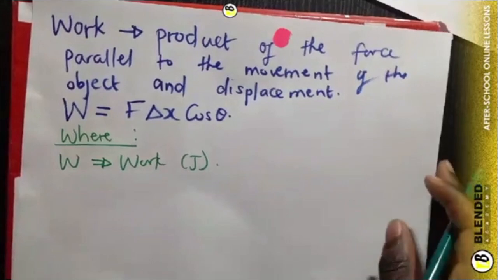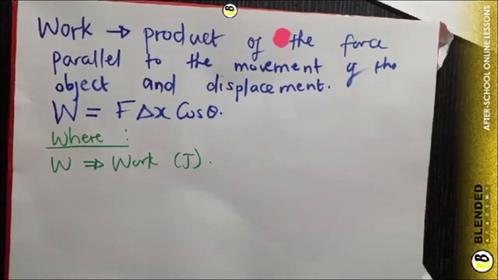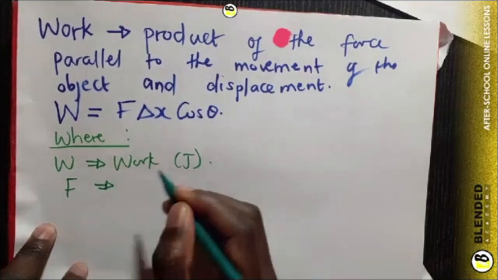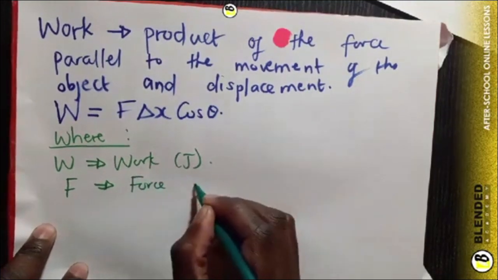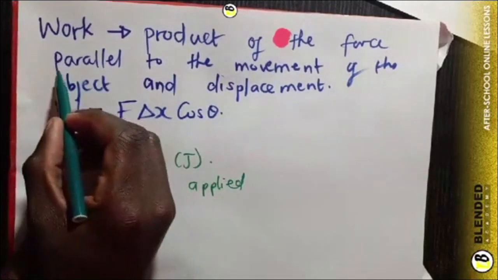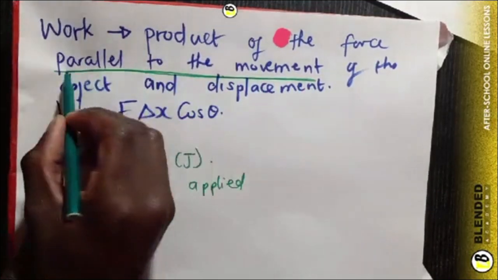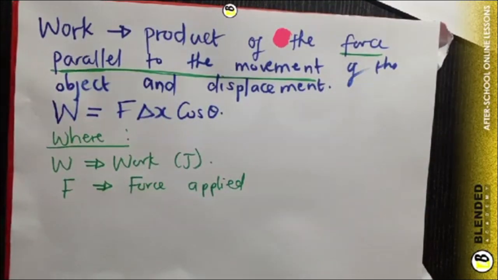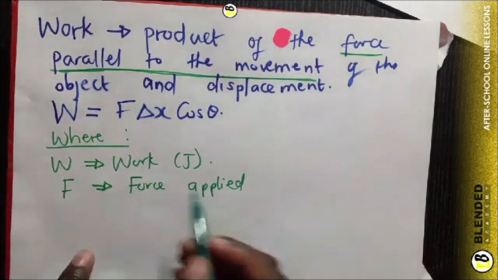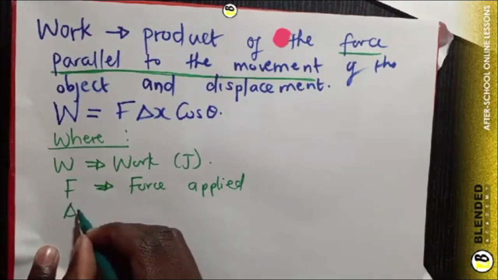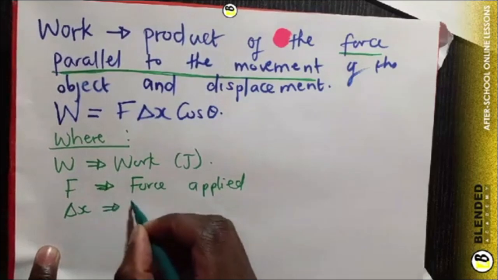Remember to put in the units when you're dealing with these quantities. You understand? And F is the force applied, or the force that is parallel to the movement. This is very, very important here, because you're dealing with force that is parallel to the movement of that object. You understand? And the change in x is the displacement.